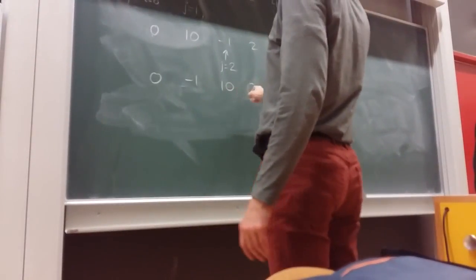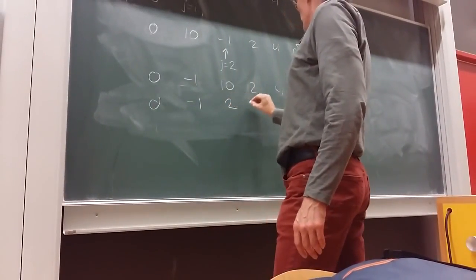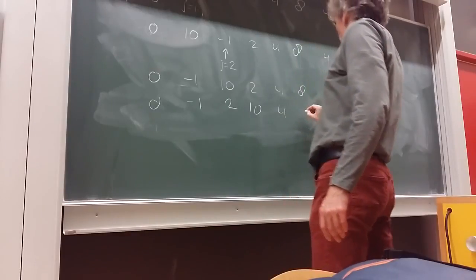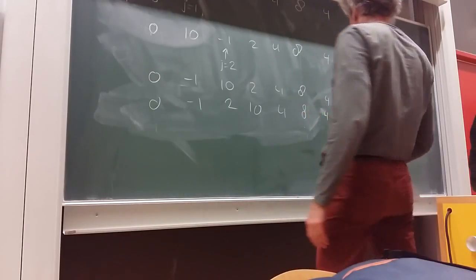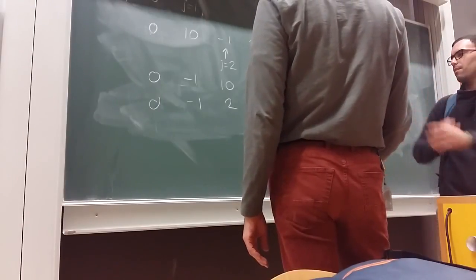Then we do the next one, where 10 is again larger. So we get 0, minus 1, 2, 10, 4, 8, 4. It's basically going to take 10 as a basis and just keep on pushing it back. Exactly.